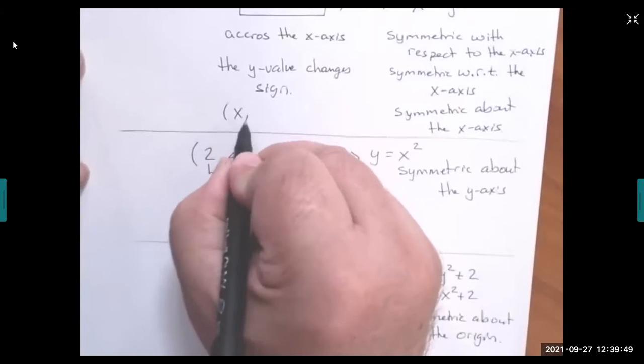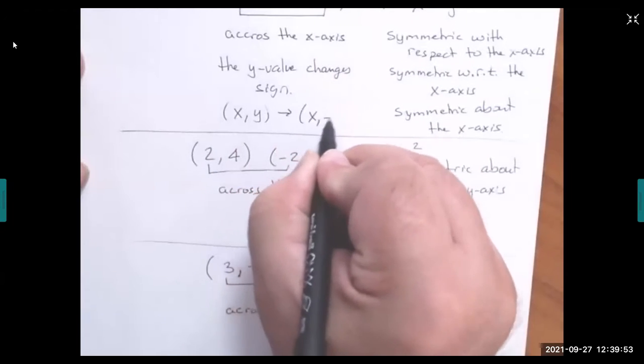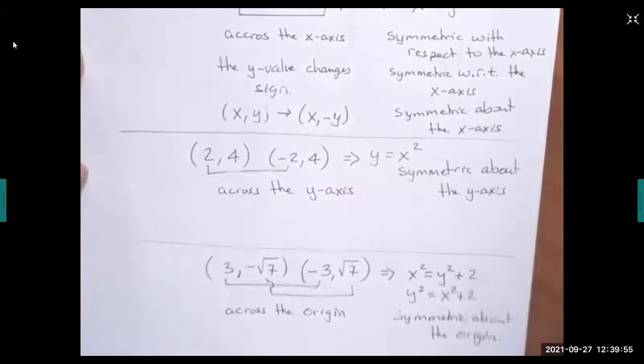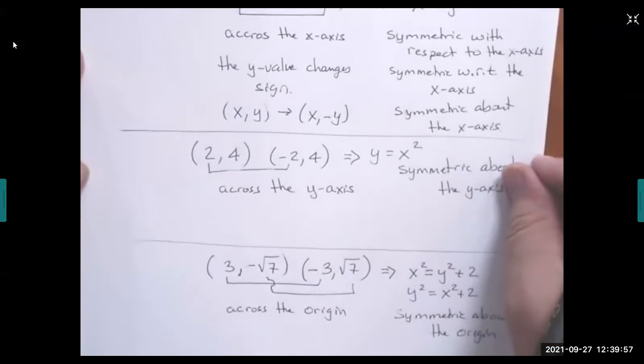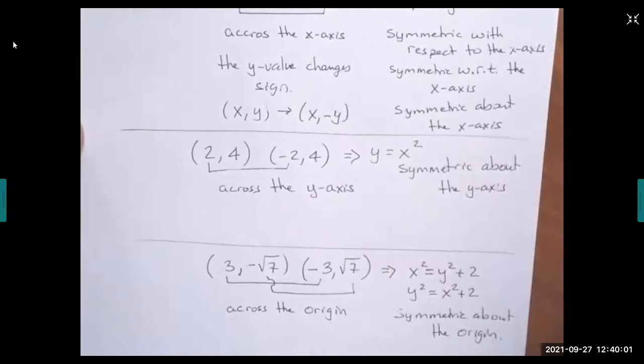So we go from (x, y) to (x, negative y). That's for across the x-axis.